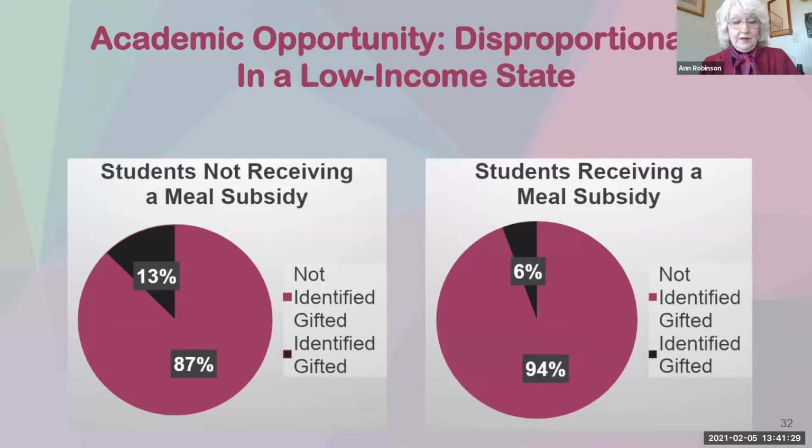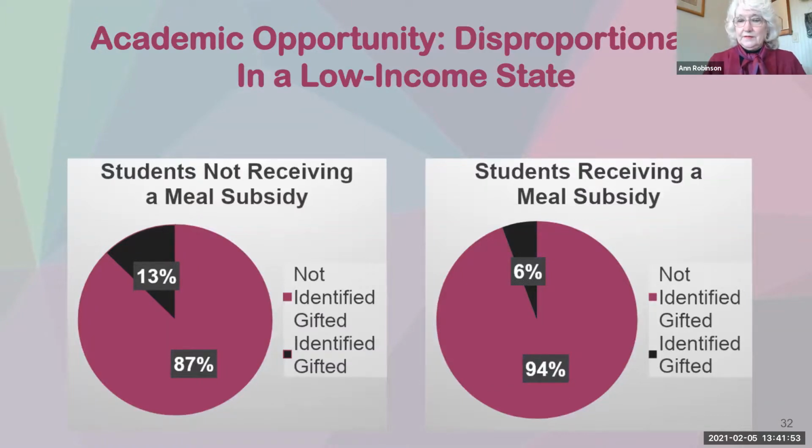And furthermore, the identification rules and regs in the state include multiple criteria, include building level identification committee involvement, and include cautionary regulation that no single indicator can be used to exclude a child from services.